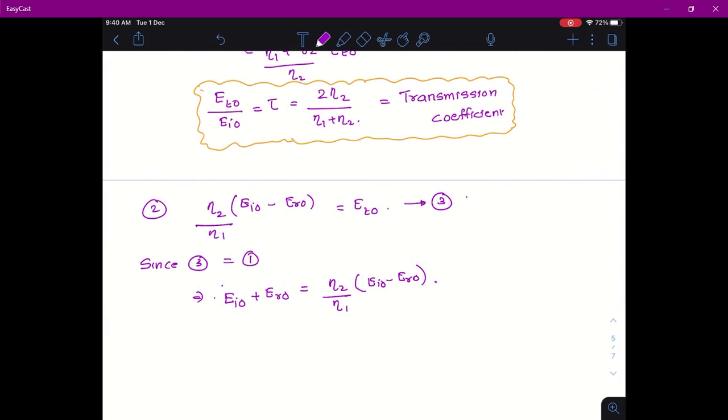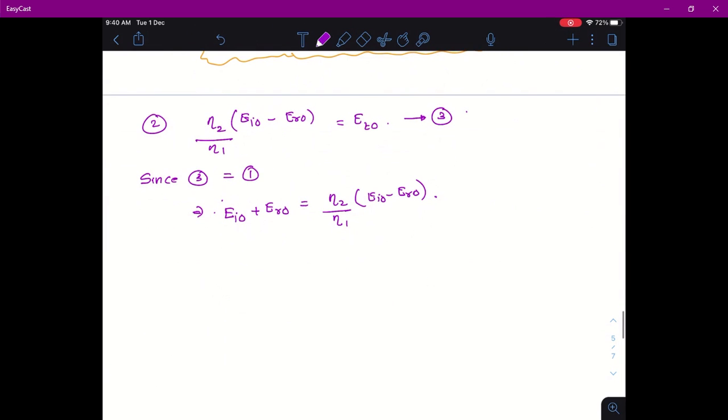Now you can verify this. Take the terms of EI0 common on the left side and take the terms of ER0 common on the right side. When you manipulate this, you can get ER0 by EI0, which is capital tau. This is equal to eta 2 minus eta 1 by eta 2 plus eta 1, and this is called the reflection coefficient.